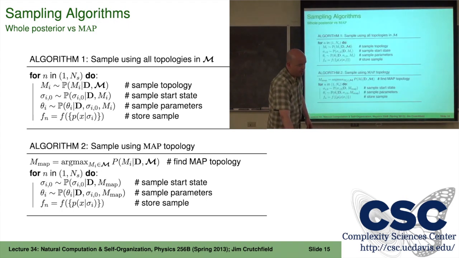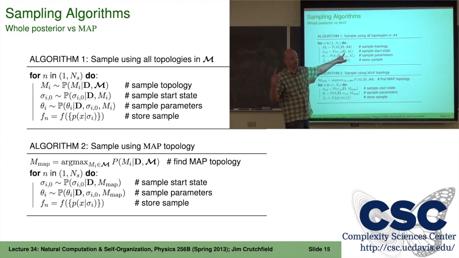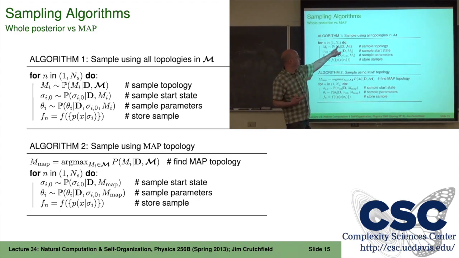Here I'm literally sampling: give me a topology, say random XOR-like, because it was highly probable. Then given that it's a random XOR topology, sample a start state. But this start state depended upon the calculations we did in terms of how likely the different start states were given our particular data set. This is one single data set, and all of these posterior distributions have been shaped by the single data set. So the samples are with respect to posterior distributions at each level.